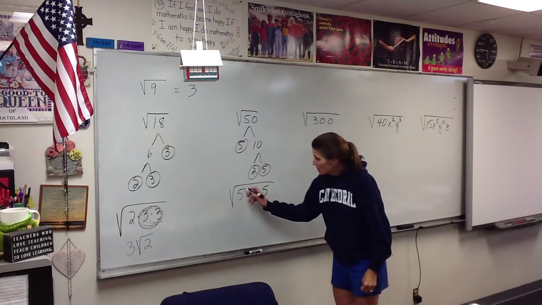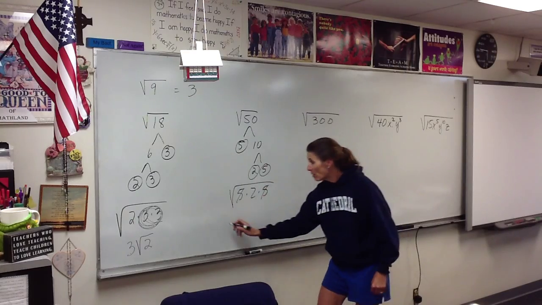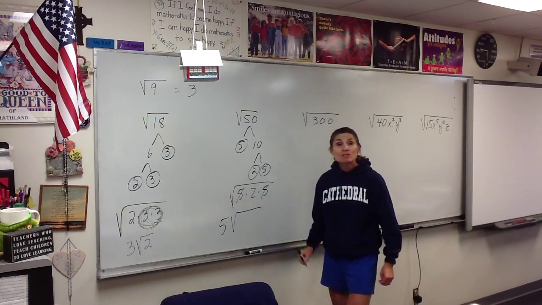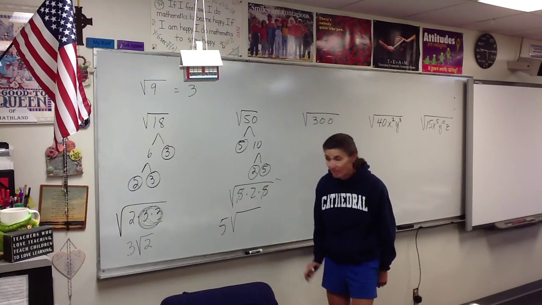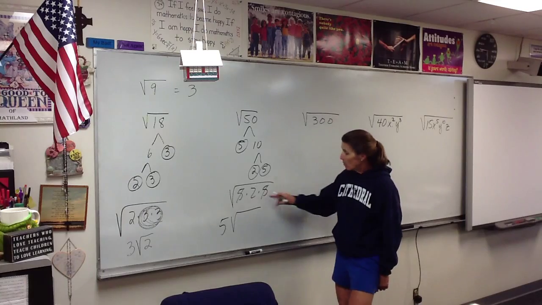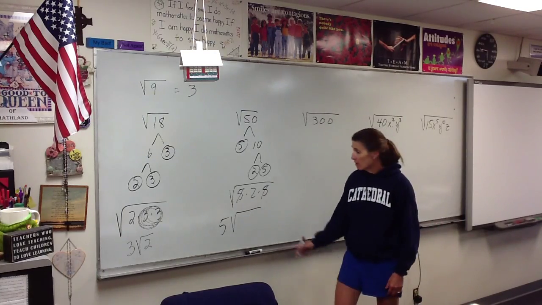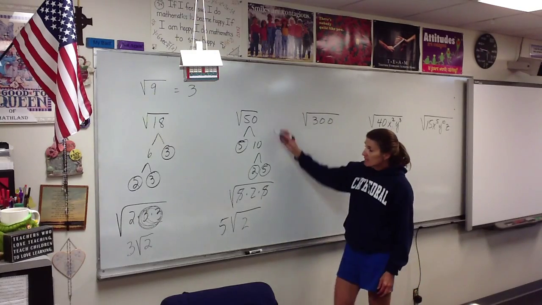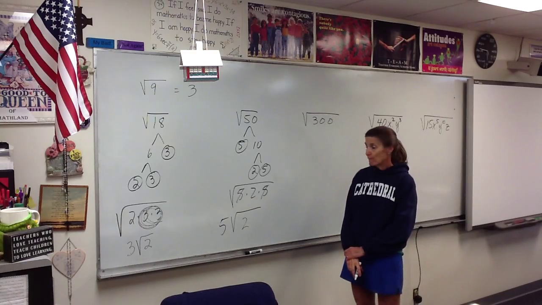So you got a couple of 5s, and you're going to take that 5 out, because 5 times 5 is 25, and the square root of 25 is 5. Now what about that 2? Again, he's all by himself, so he stays under there. So the square root of 50 can be broken down into 5 square roots of 2.